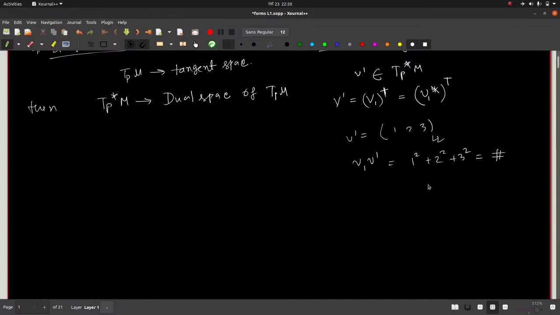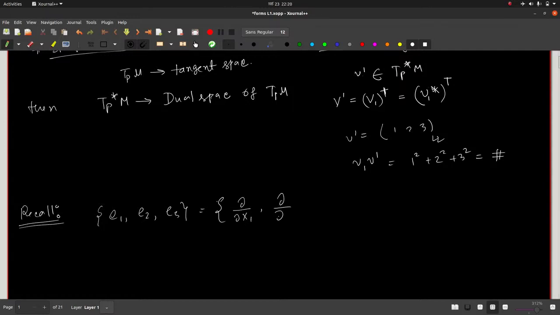Okay, now from our previous lectures we saw that the Cartesian basis vectors were equal to these differential operators, right?